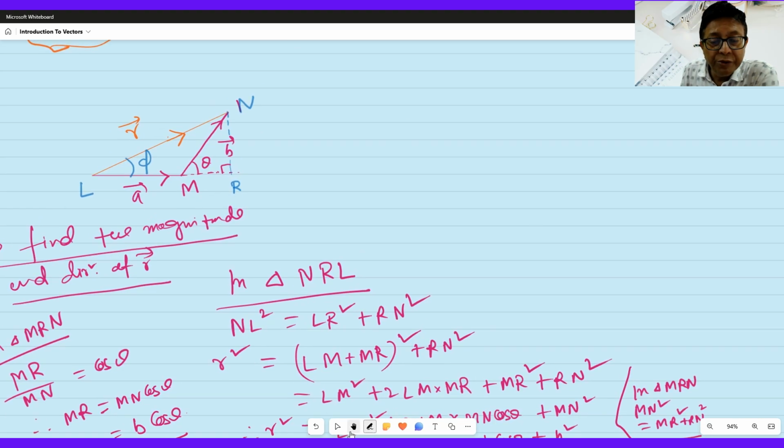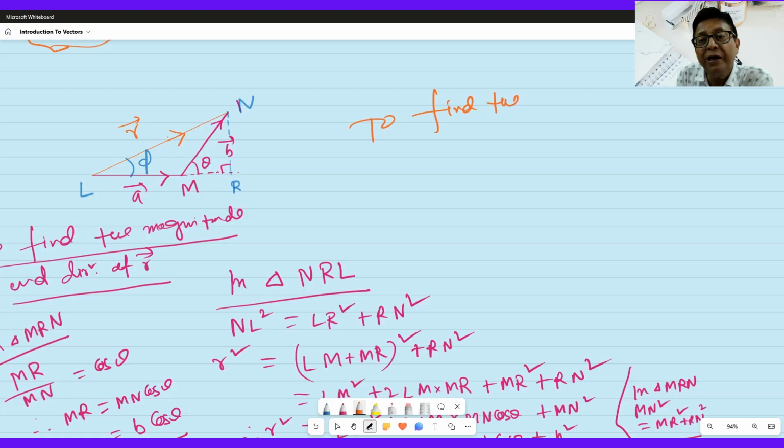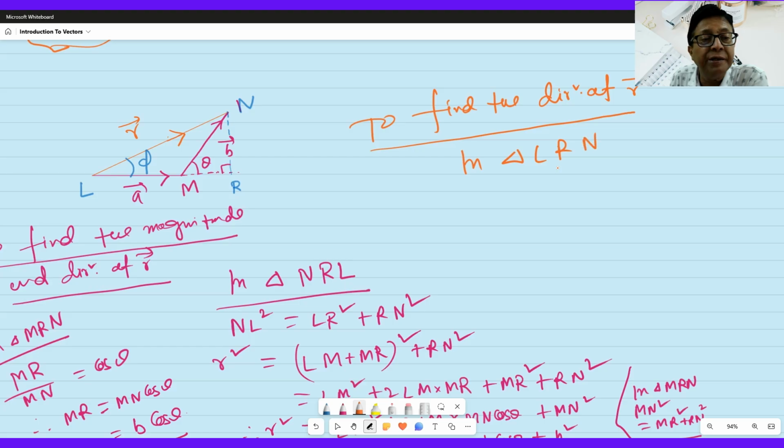So what I am going to do to find the direction of R. How to? See, in the same triangle, in triangle LRN, tan phi equal to NR by LR.